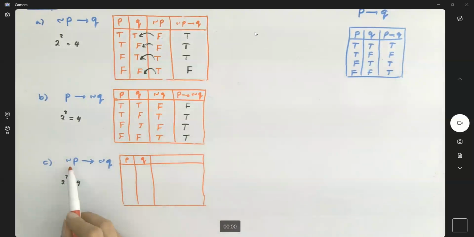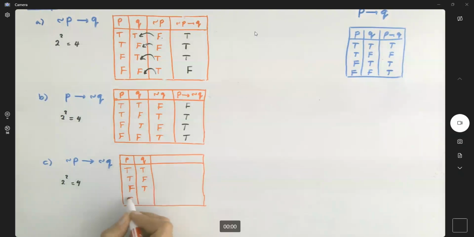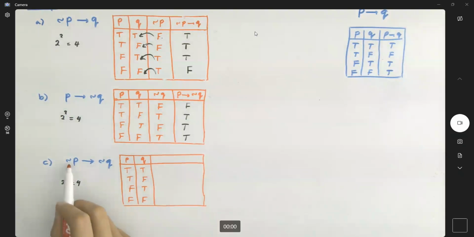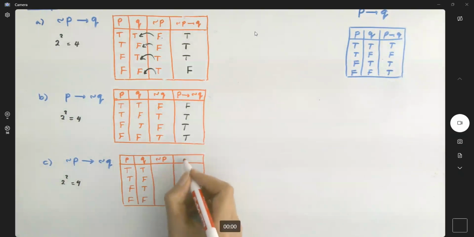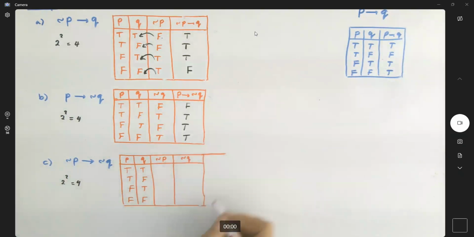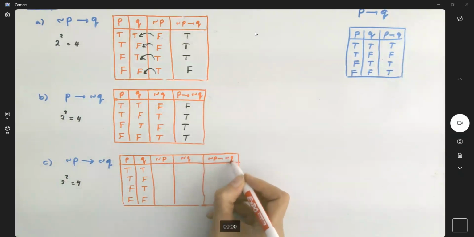Because we're going to have the negation of P, also negation of Q. So let's write these down first. True, true, true, false, false, true, and false, false. I need not P. I also need not Q. Not P, not Q. And the last column will be dedicated to not P, then not Q.